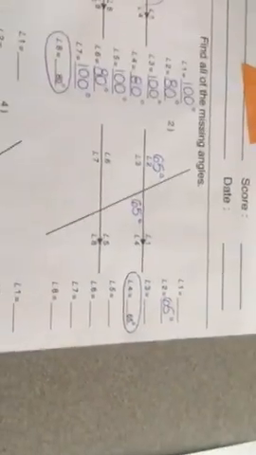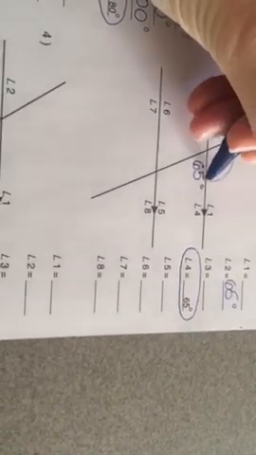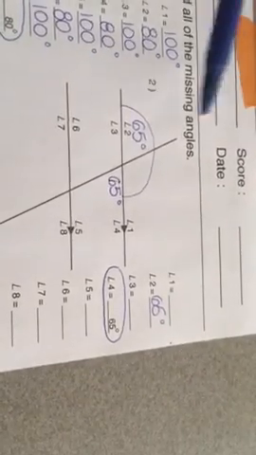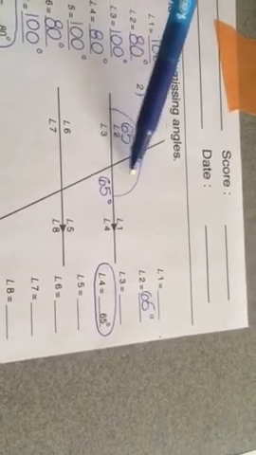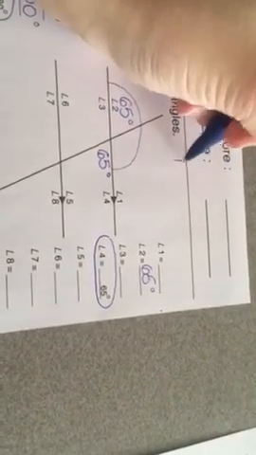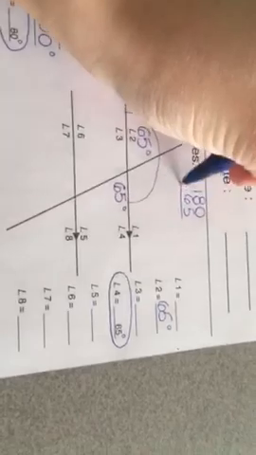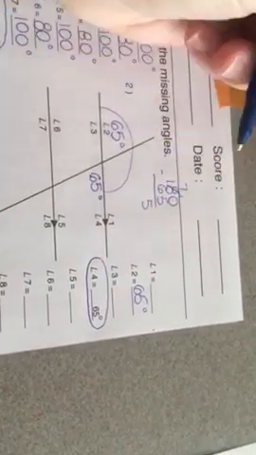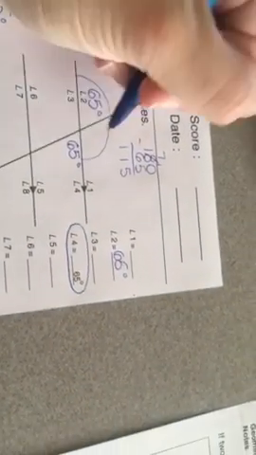And then I see a linear pair here, angle 2 and angle 1, together form 180 degrees. So if we need to figure out what this angle has to be, so when we add it to 65, we get 180. So if I do 180 minus 65, I'm going to get 115.